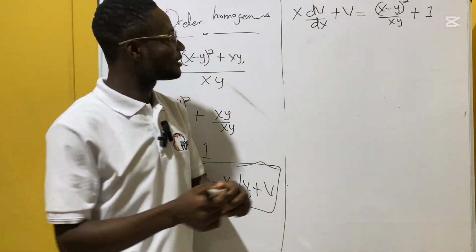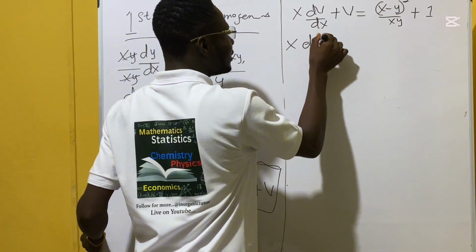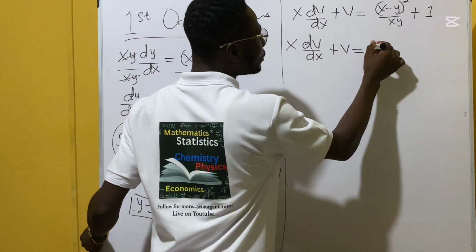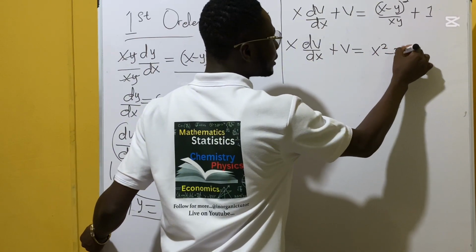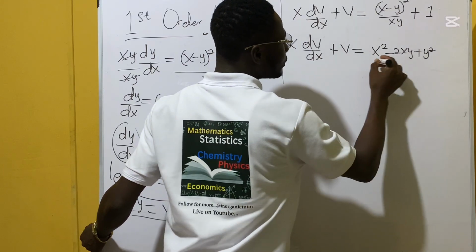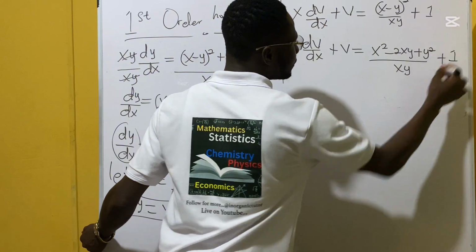What do we do next? So here, we are going to have x dv over dx plus v. That should be equal to x squared, expanding this bracket, minus 2xy plus y squared all over xy, plus 1.